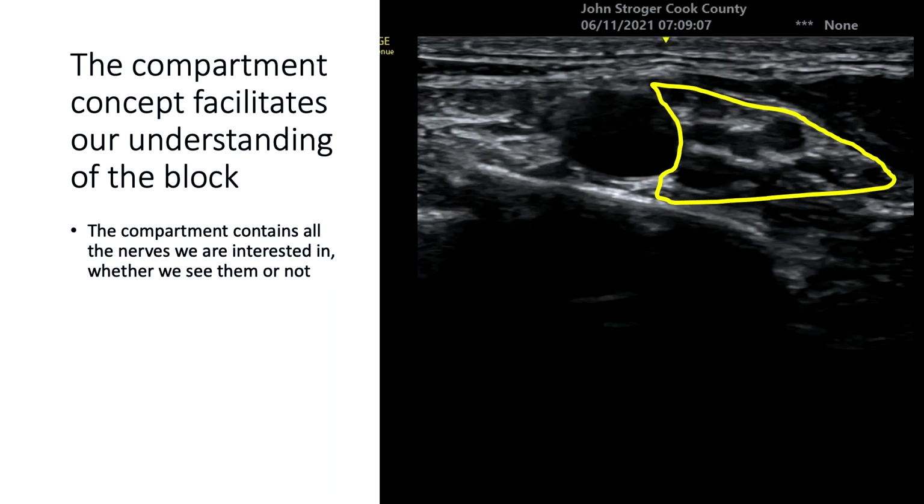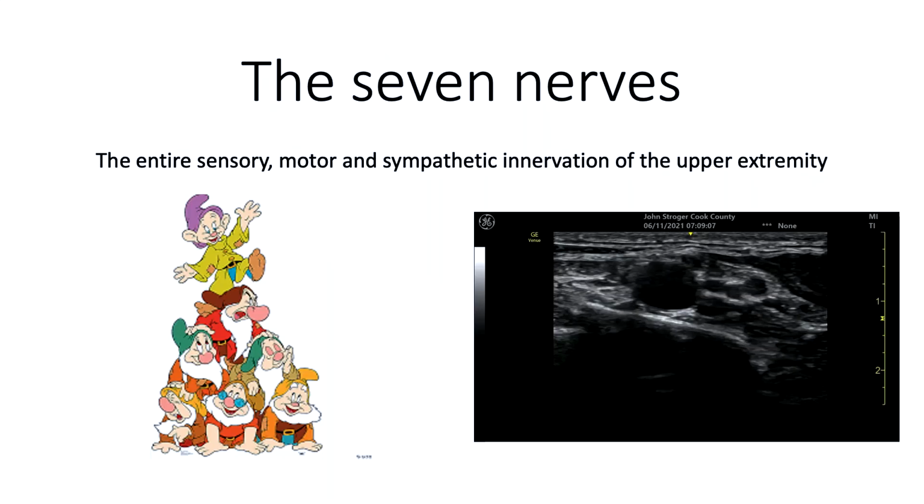So now, when you think of the supraclavicular block in terms of the compartment, you have the whole solution to the problem of how to get it right. Because now you will drive a needle, and you will know that inside that compartment there are 7 nerves.